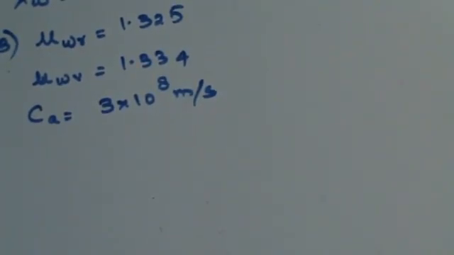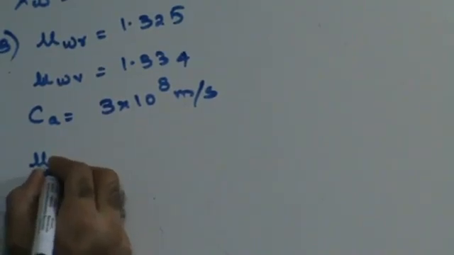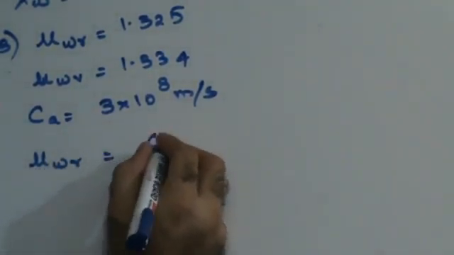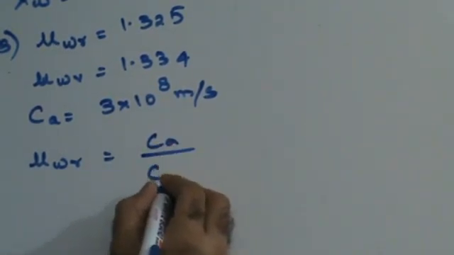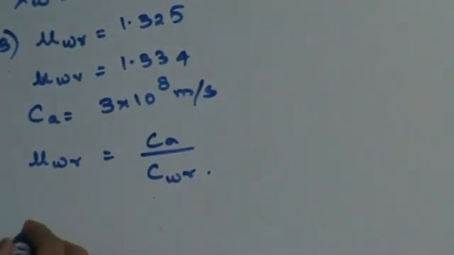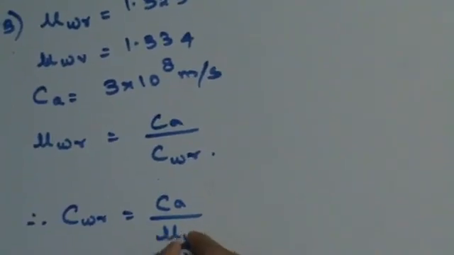Now, let's see this. They give me refractive index of water for red color is going to be nothing but velocity of light in air upon velocity of red color in water, right? In that case, I can therefore say that velocity of red color in water is velocity of light in air upon refractive index of red color in water.